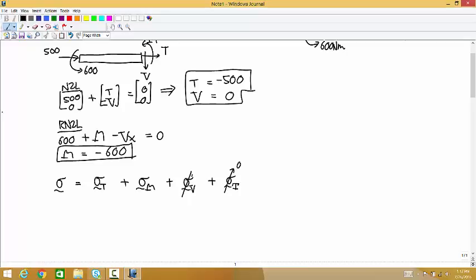This is 0. There's no shear force, so that's 0. So we only have to worry about these two. And so all the stress is going to be in the XX element. That's the only non-zero element for the stress that we're going to have.